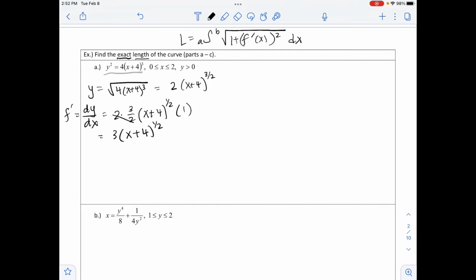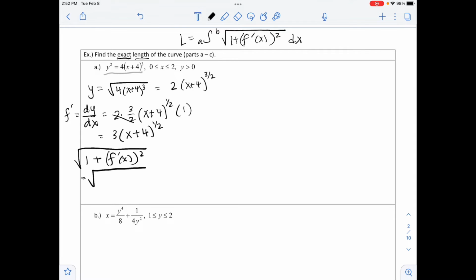And now, in order to do this problem, my integrand is going to be the square root of 1 plus f prime of x squared. So I'm going to rewrite this first, and then I'll evaluate the integral. That way I can simplify it.